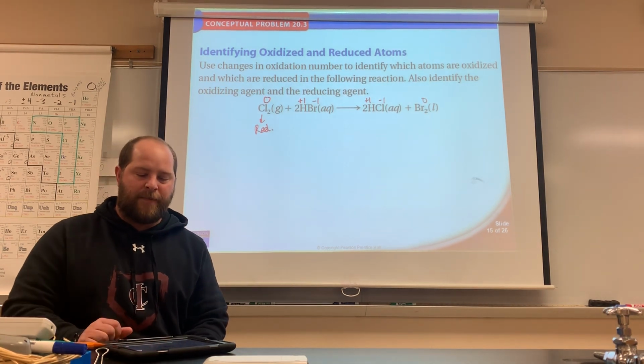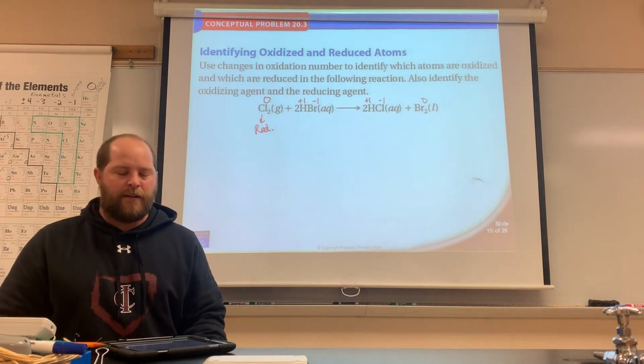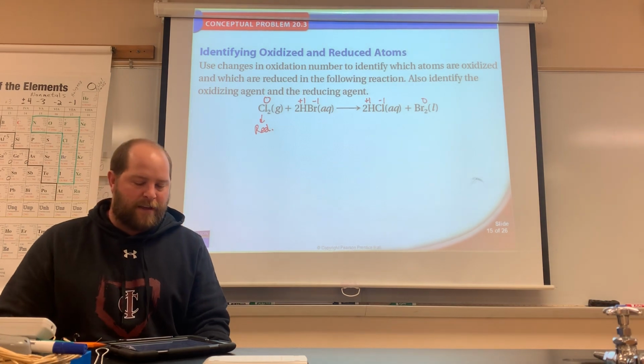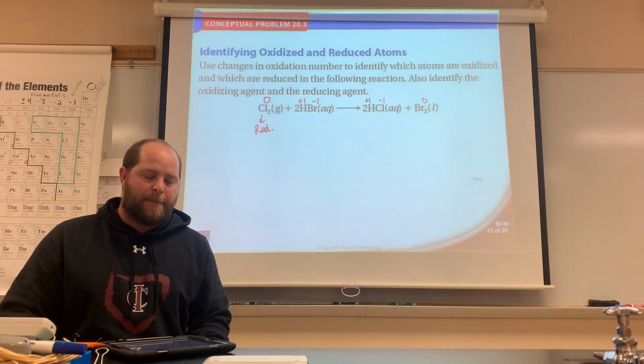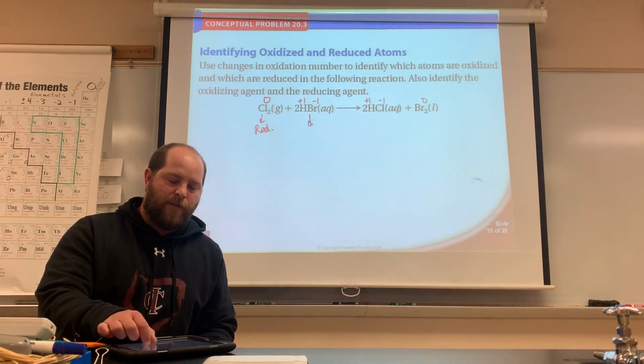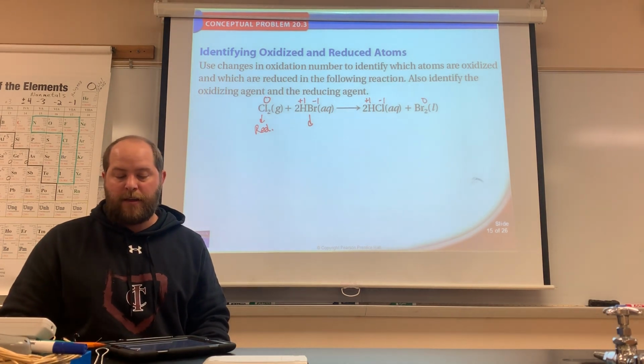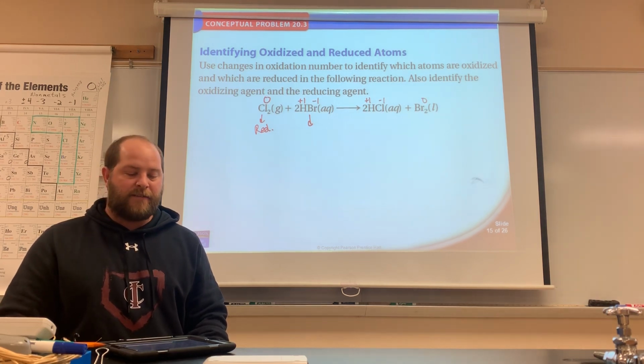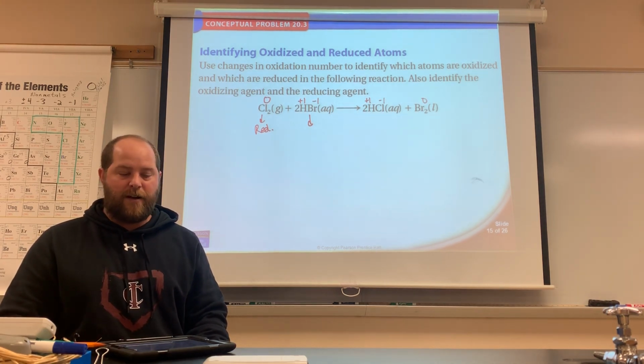Let's see what else is happening. Well, the hydrogen is going from a +1 to a +1. That didn't change. Nothing's happening to that. Let's look at the bromine. The bromine is going from a -1 to a 0. So that number is going up. It's becoming less negative. So that must mean that it did what?